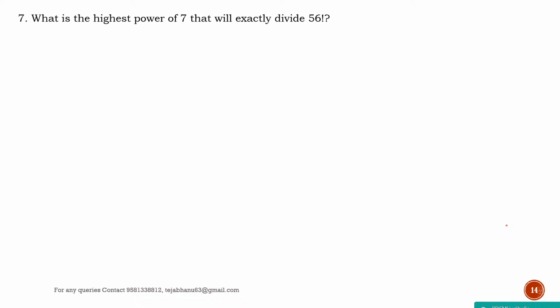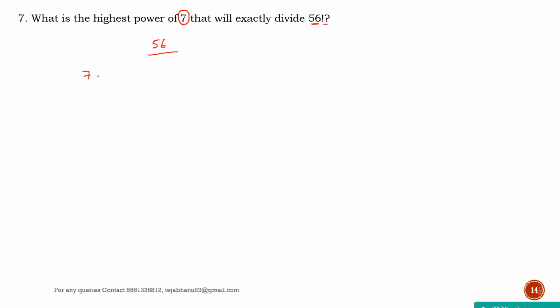Next one. What is the highest power of 7 that will exactly divide 56 factorial? That is what he has given. Now have a look. If there is no factorial here, under 56 there are some numbers divisible by 7.